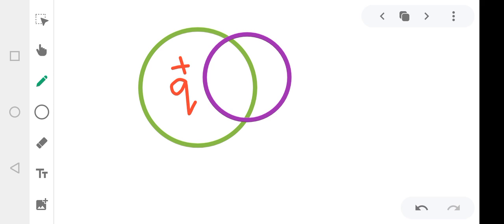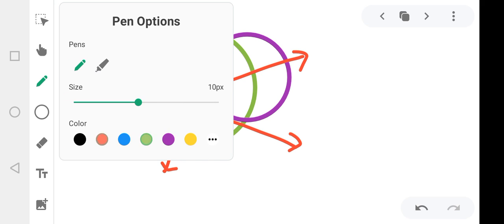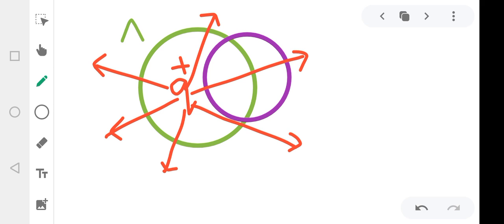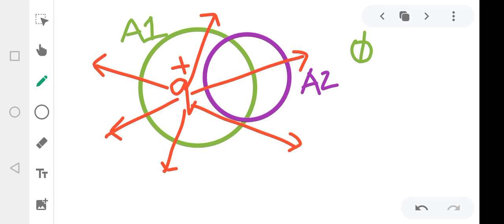This charge will emit electric field lines outward. So this green body is my body A1, and this purple body is my body A2. The question arises: what is the electric flux passing through A1? First we will take A1.